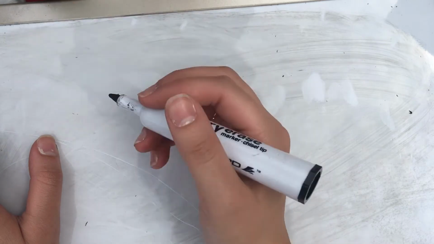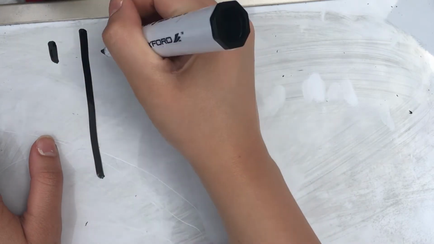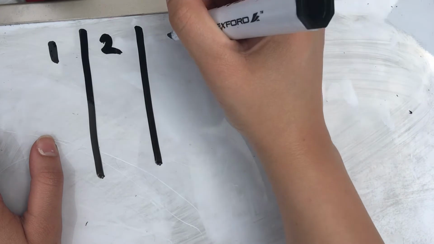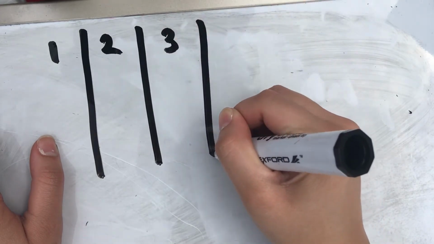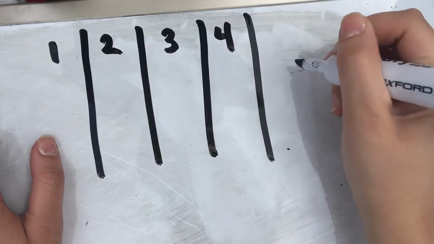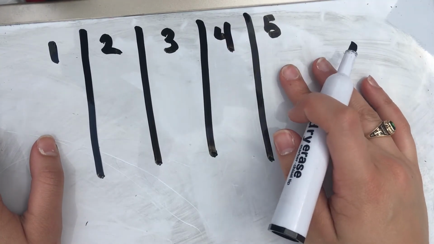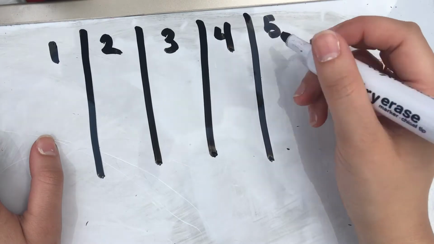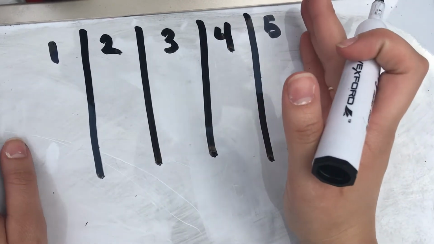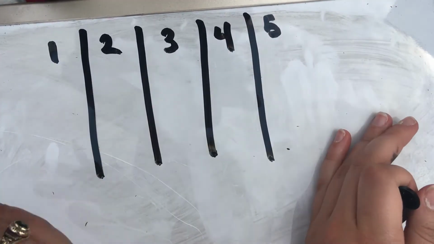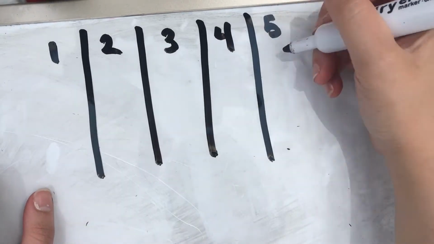So I'm going to draw out a chart here. Like I said, it has 5 feet. You start from the last foot because it's easier to start from the back to the front. It looks something like this.